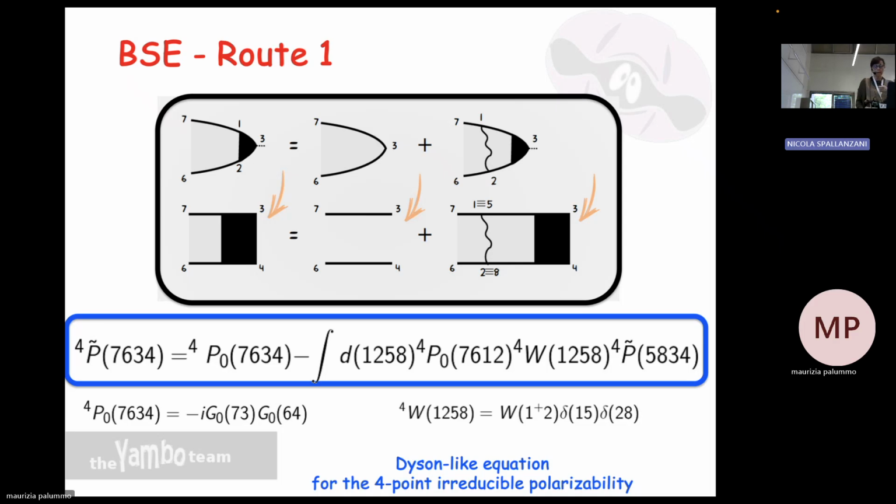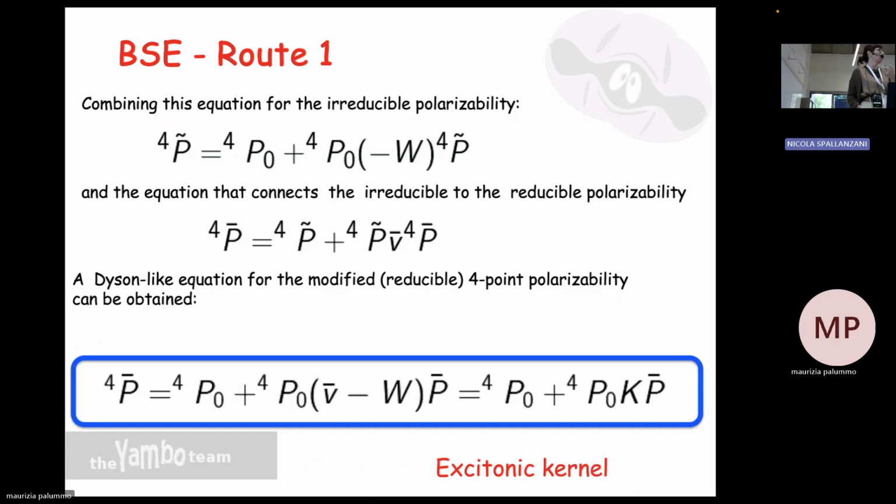Now, to obtain the Bethe-Salpeter equation, we want to move from the irreducible polarizability that we obtain from Feynman diagrams to the reducible polarizability that is connected with the experimental observable. And so we can connect the two, and substituting in this equation, at the end you obtain an equation for the P bar.